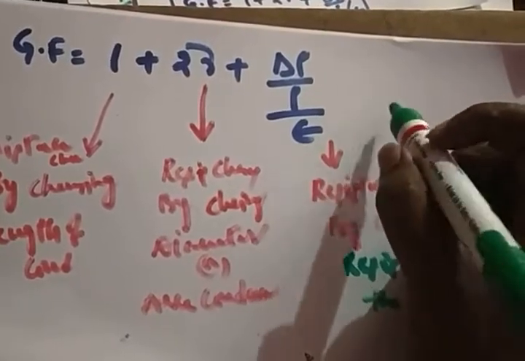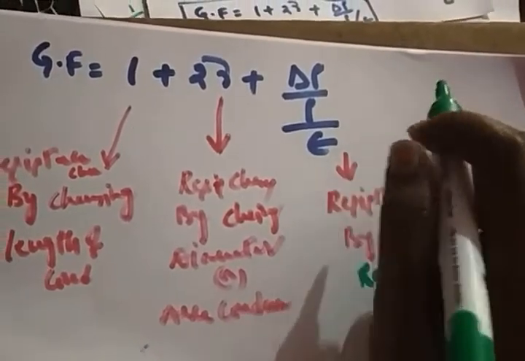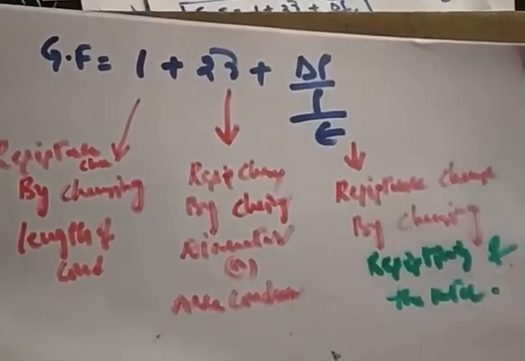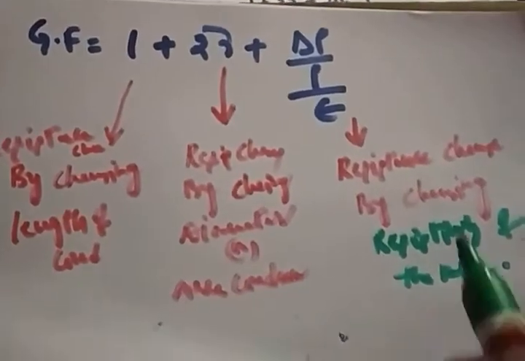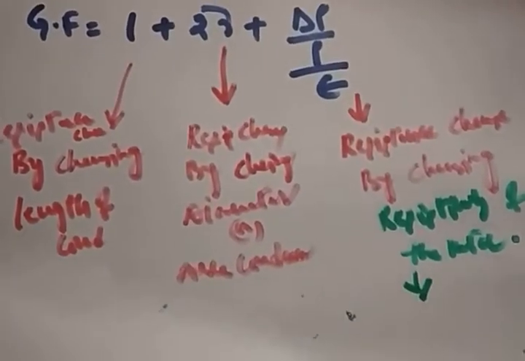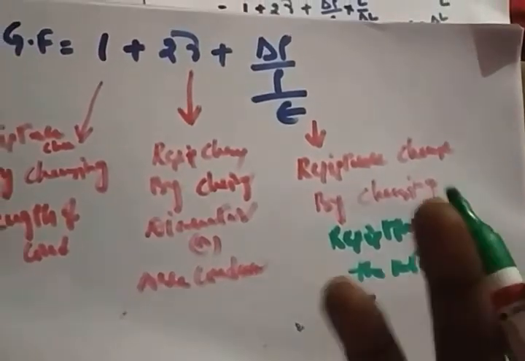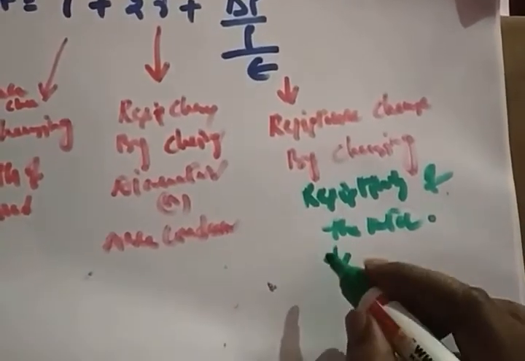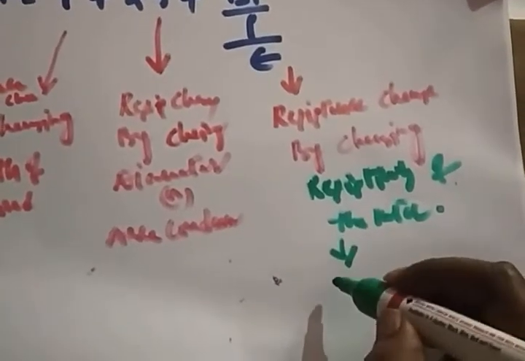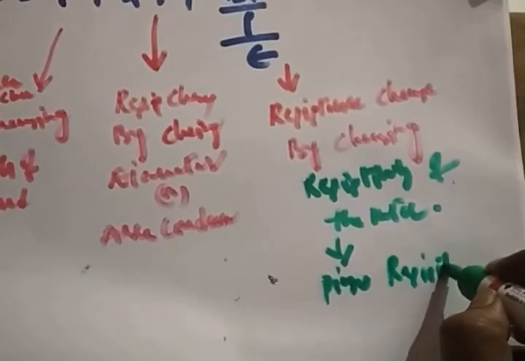There is change in resistance by changing the resistivity of the conductor. Basically this effect we can call the piezoresistive effect. We discussed the piezoelectric transducer in the following session. We can call it a resistive effect.